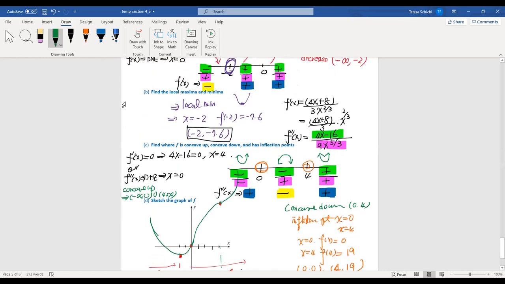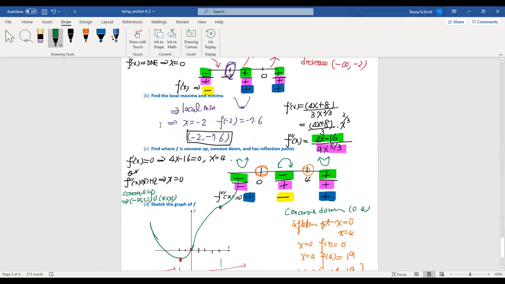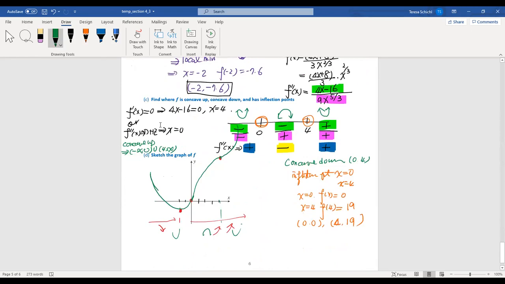And that is how this section tells you how to use the derivatives to find the shape of the graph, right? The concavity and the critical points. First derivative test and second derivative test. So remember, concave up: second derivative greater than 0. Concave down: second derivative less than 0. Function increasing: first derivative greater than 0.